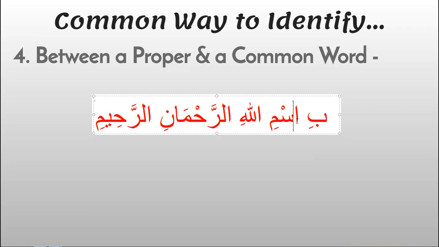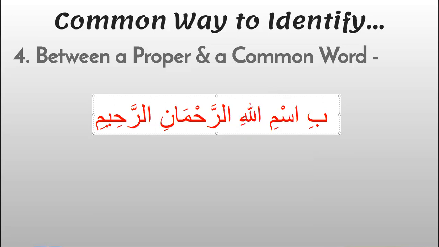So ba is harf jar, which causes the word ism to be in jar status. So bismi means with the name. And see the ism. Ism is light, with no alif lam, followed by jar, right? So ismi Allahi is mudaf mudaf ilay.